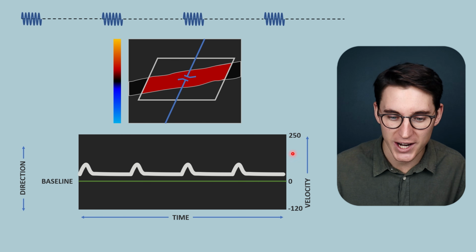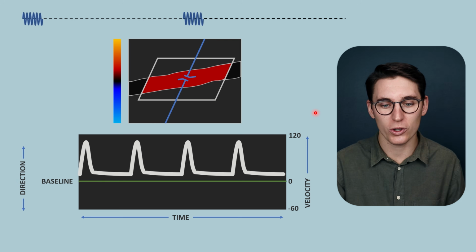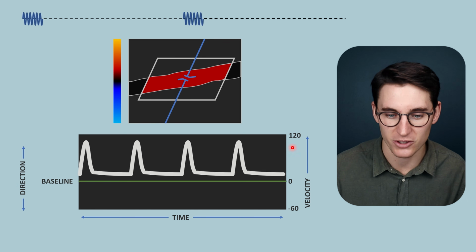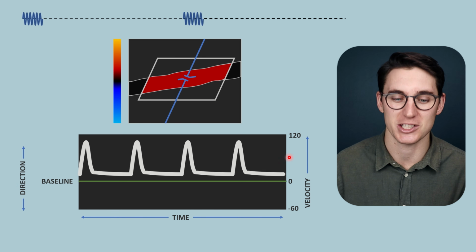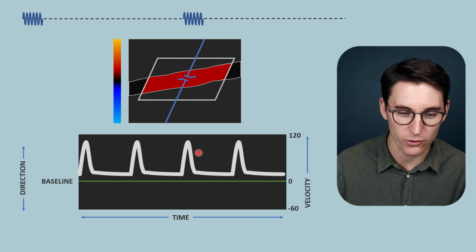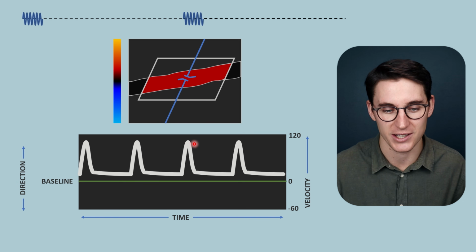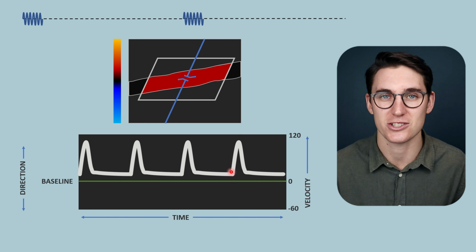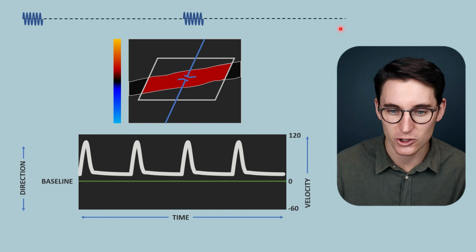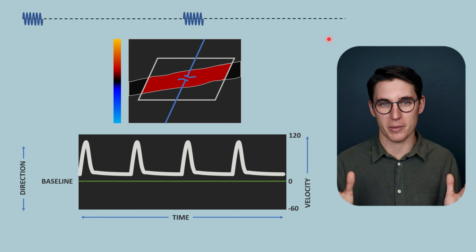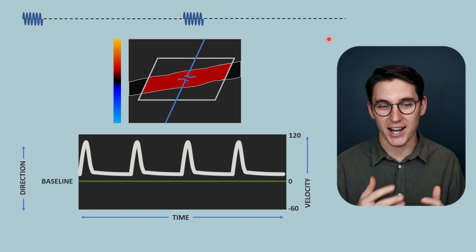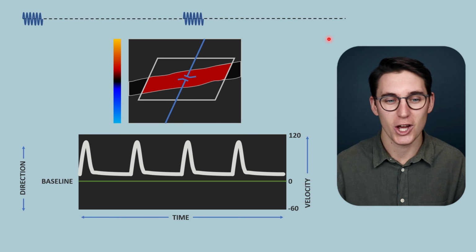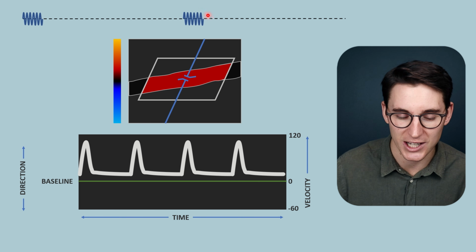Now if we want to change this velocity scale, in order to change it back to the maximum velocity being 120 centimeters per second and getting the waveform filling the entire screen here, allowing us to more accurately measure our peak systolic and end diastolic velocities, what we need to do is lower our pulse repetition frequency. And how do we lower the pulse repetition frequency? We increase our receive time here.